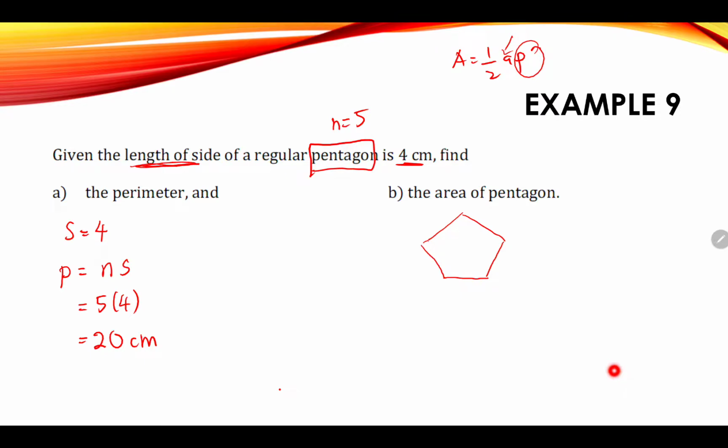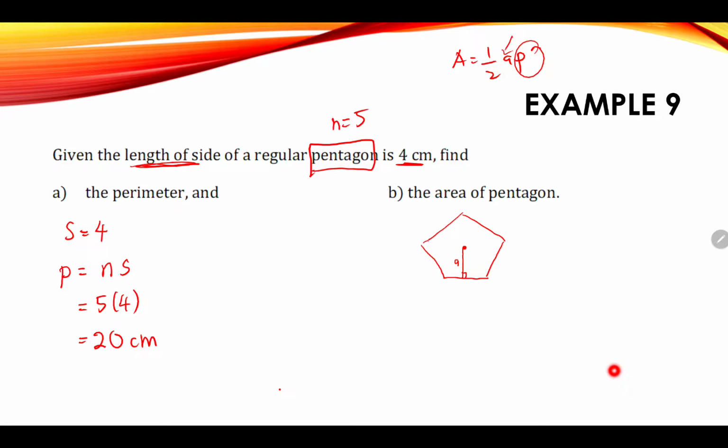Apothem tu kita nak cari. Okay, what is apothem? Apothem yang menggabungkan antara center dan juga side. Okay, contohnya kita ambil side yang ni, 90 degrees. So, kita nak cari A ni lah untuk masuk dalam formula area.